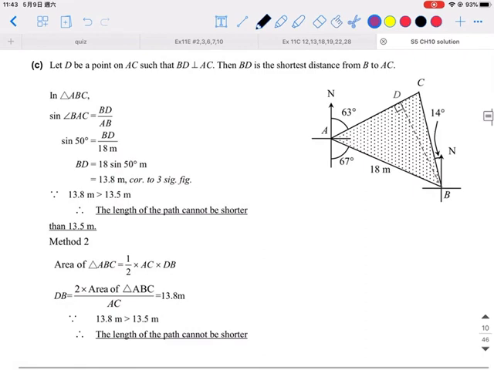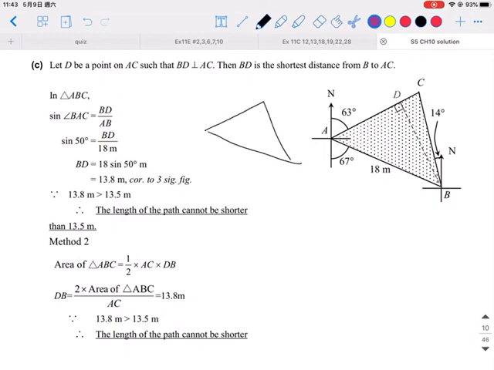Okay. So just write the perpendicular distance and then consider the triangle ADB. Okay. So it's a right angle triangle, and this is 18 and this is 50 degrees. So you can apply the sine function easily. And you can have another method because we found the area of ABC. Area is 102.